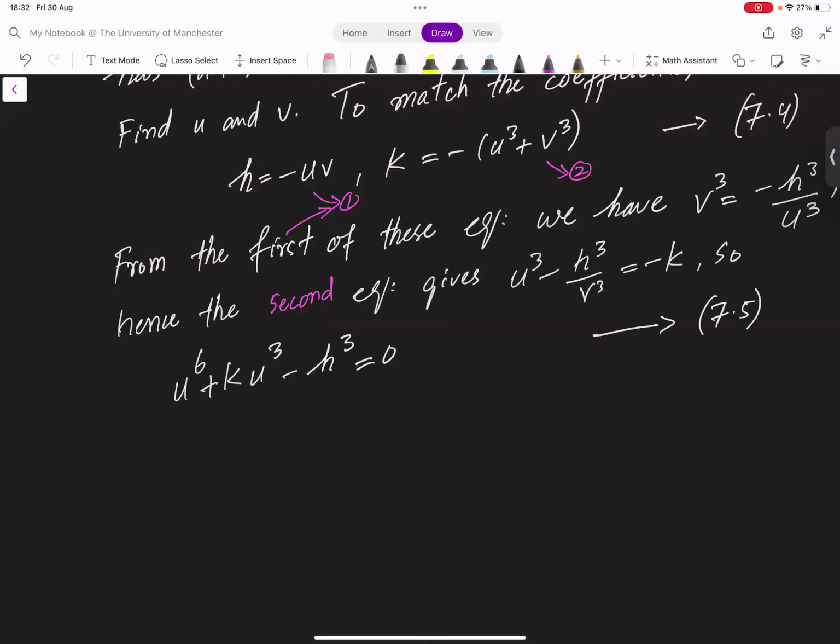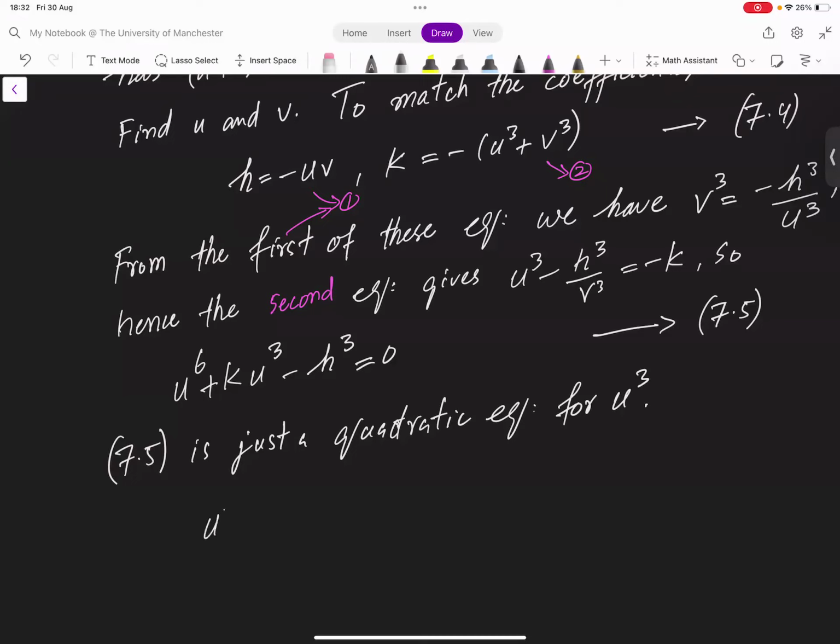This is just a quadratic equation for u cube, because we can write this as (u cube) square plus k u cube minus h cube is 0.